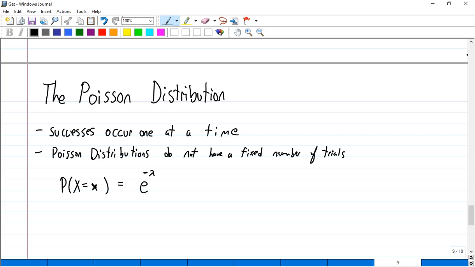It's lambda. All right, times lambda to the x power divided by x factorial. Now remember, the number of trials, that x can be none, it could be 1, it could be 2, it could be 3, and it could go on forever. But large numbers of x are probably not going to happen unless it's a large amount of time that we're looking at. So what is e?